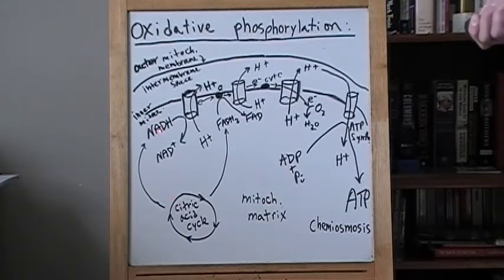The reduced cofactor goes to the inner mitochondrial membrane. Recall that the mitochondrion has 2 membranes, an inner and outer membrane, and there's a space between them. In the inner mitochondrial membrane are a series of proteins called the cytochromes.